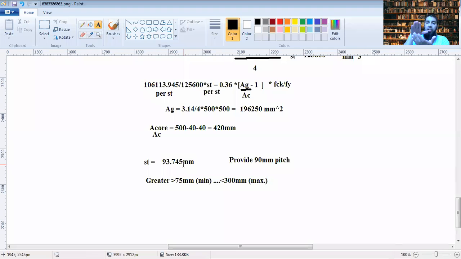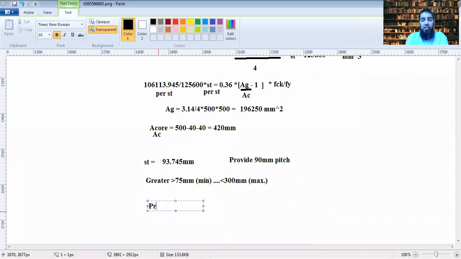As soon as you increase it, you are decreasing the confinement. So you have to provide less than that value. So round it off to 90. In the field it is difficult to provide 93.745, so we provide something like this.